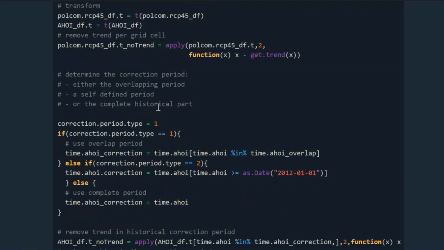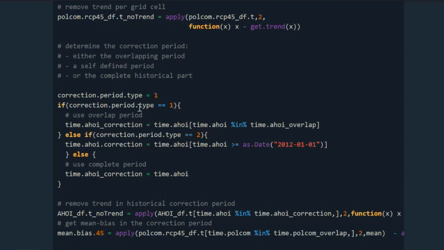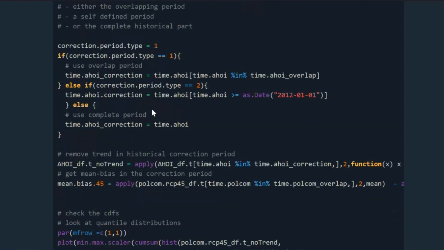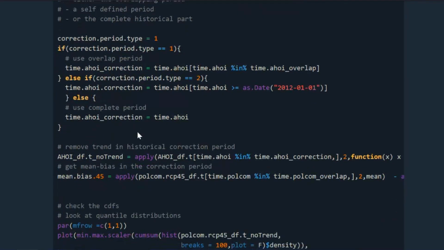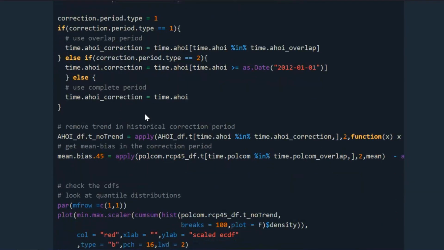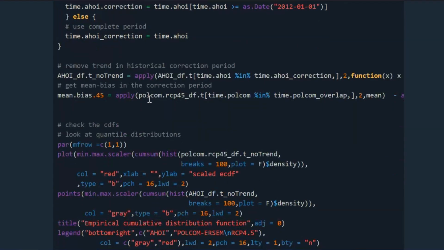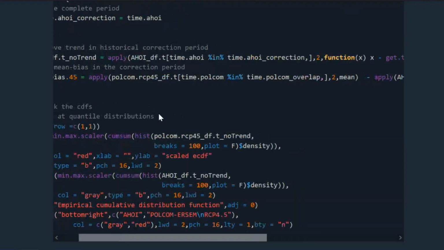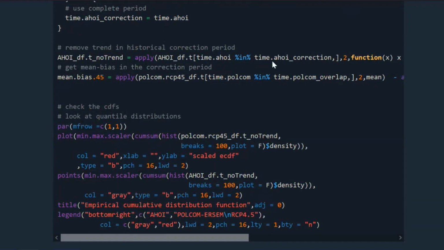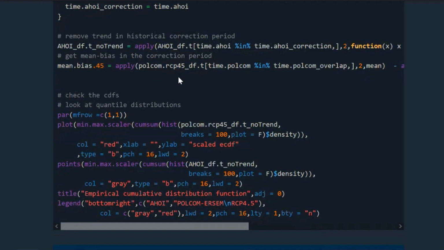And then I have no trend here. And then I look at the mutual overlapping period, choose a specific time period, and then I remove the trend for this correction time period, again for the Ahoy data, and calculate the mean bias in this correction period.